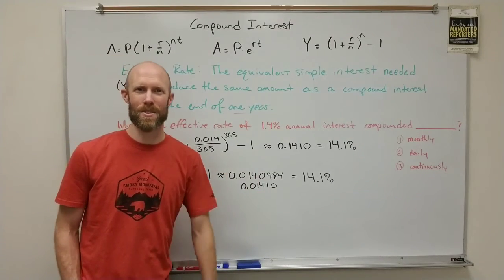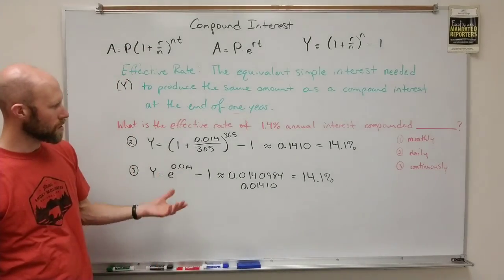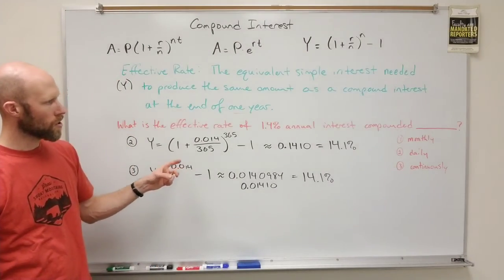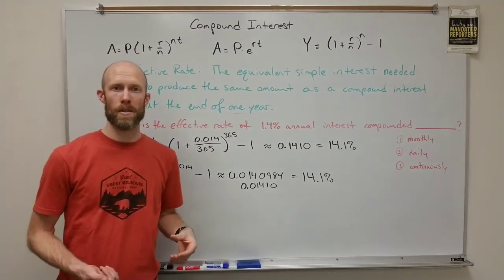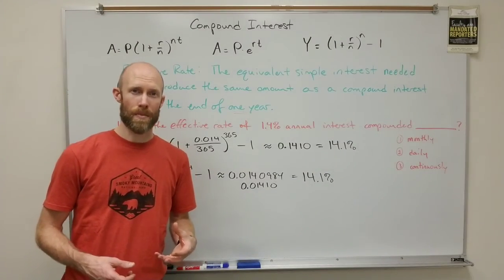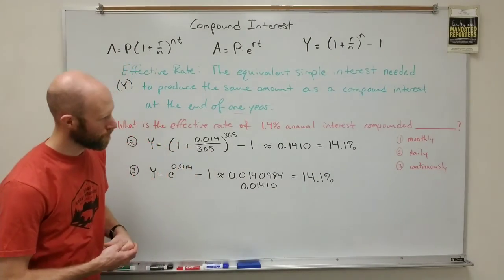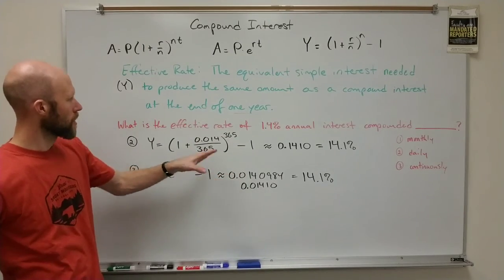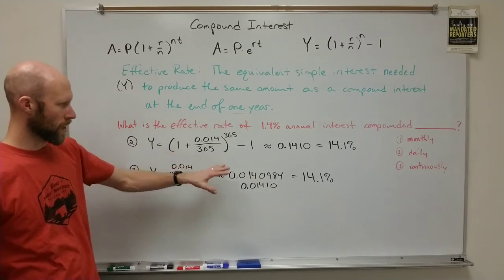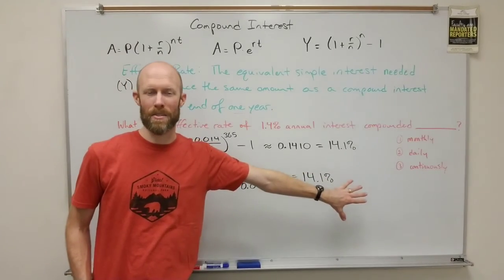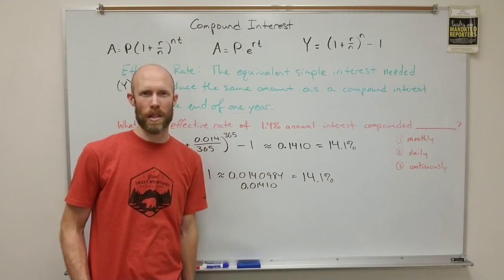So these differences in the effective yield really do come into play with larger amounts of money, larger interest rates, and larger periods of time. But right now, it's not affecting things very much, at least where I'm rounding them off to.